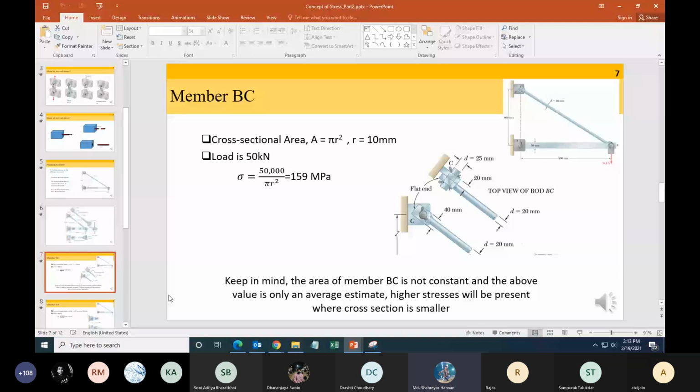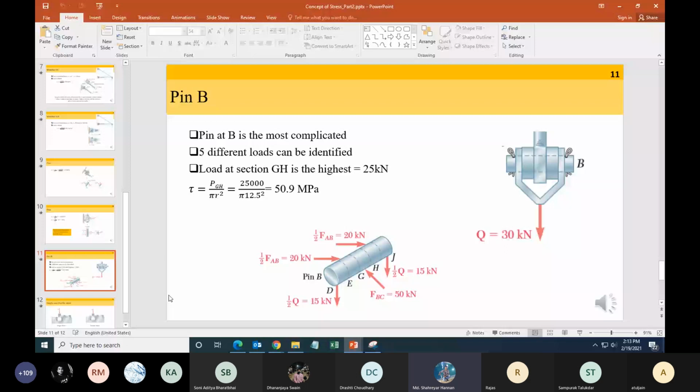Sir, slide number 7. This is slide number 7. Sir, could you discuss the forces on pin? Which pin? Pin at B, sir. I think that is in slide 8, sir. This one? Yes, sir. One minute.